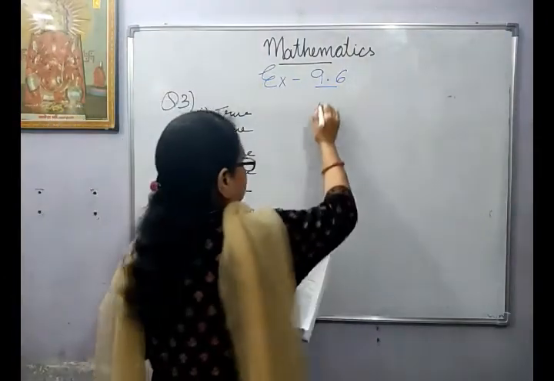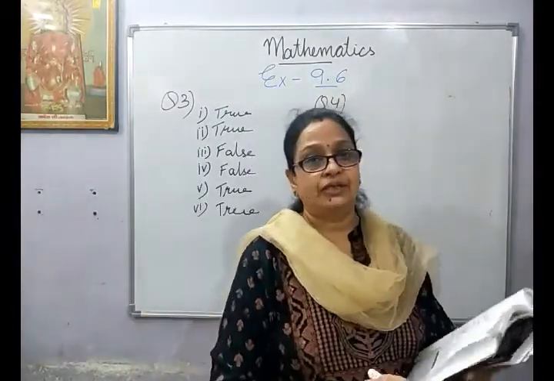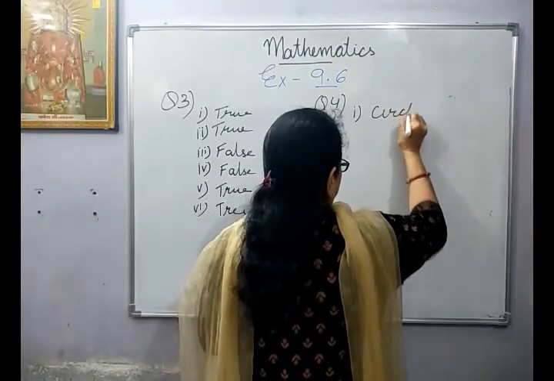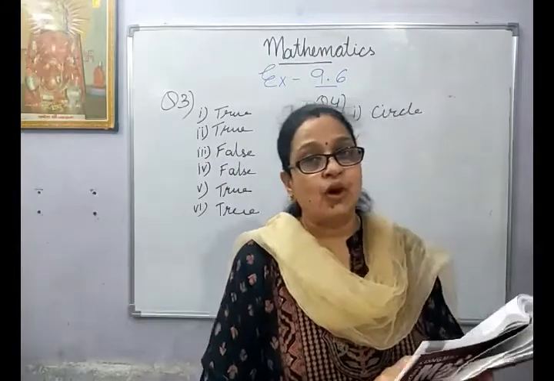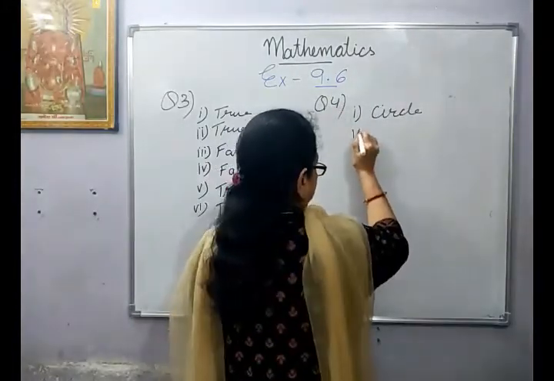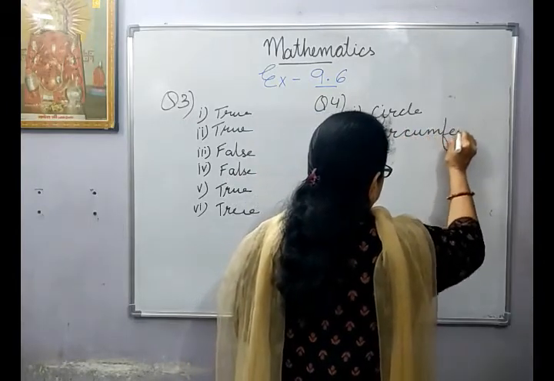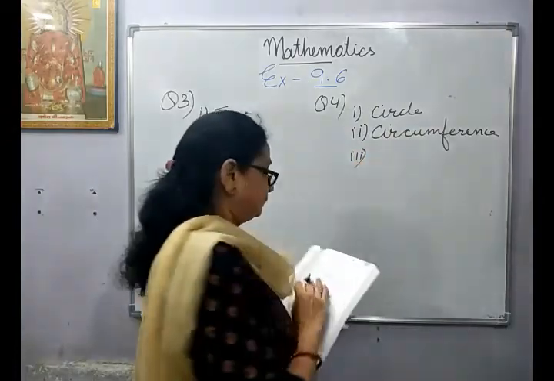Then fill in the blanks. Question number 4. A dash is a closed curve. The answer is circle. Then the distance around the circle is called its circumference. The total distance.